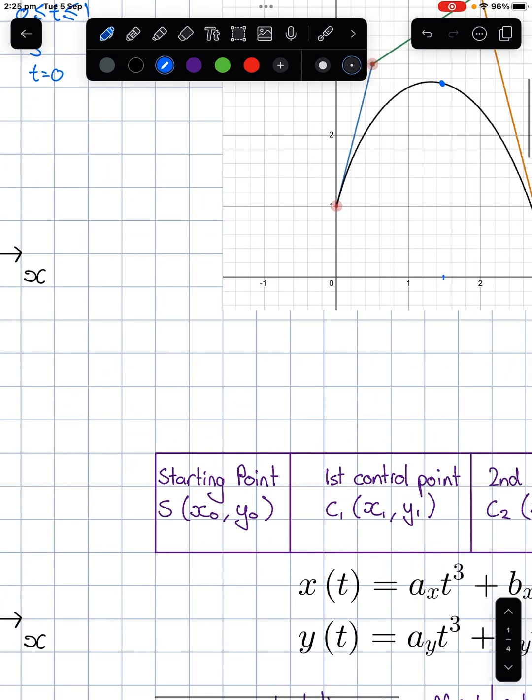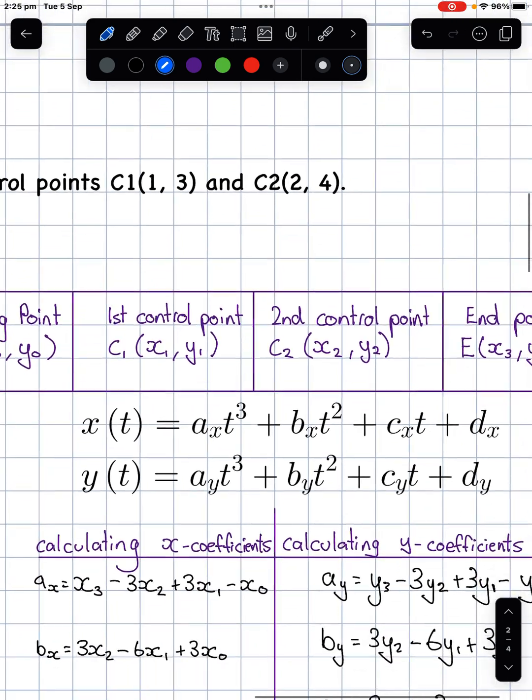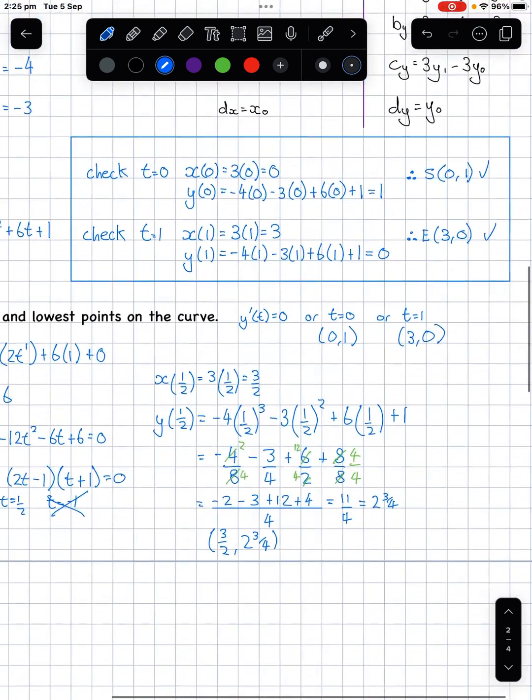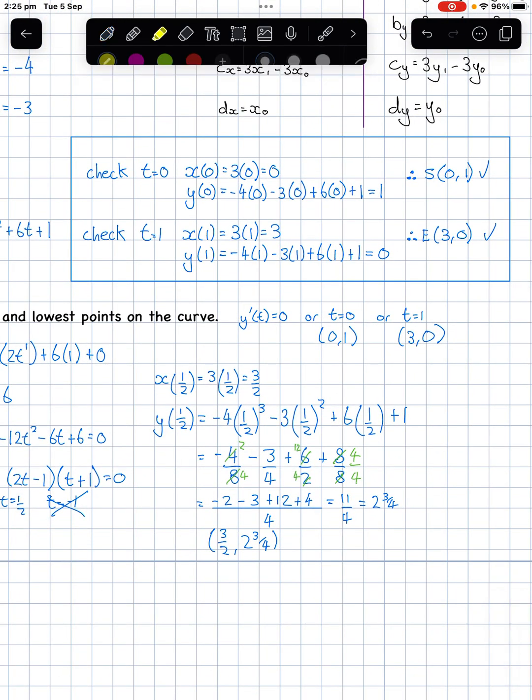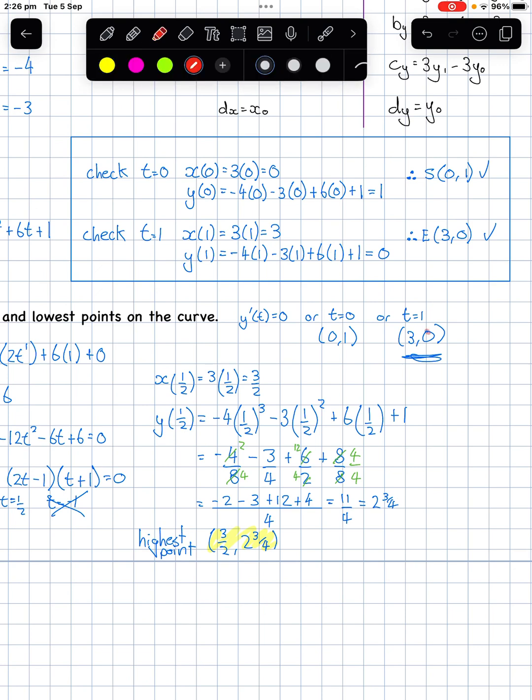Okay, and that's our highest point. So if I come back down to my solution here, this here is our highest point. And then we've got to pick our lowest point, and that is this one here, 3 and 0, which gives us the lowest y coordinate, which is the reason that this here is the lowest point.